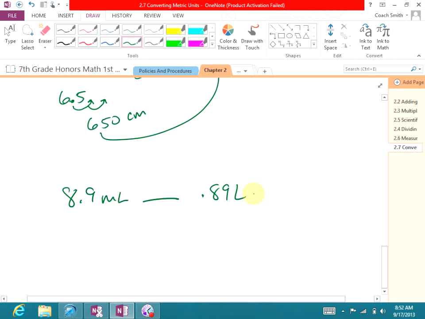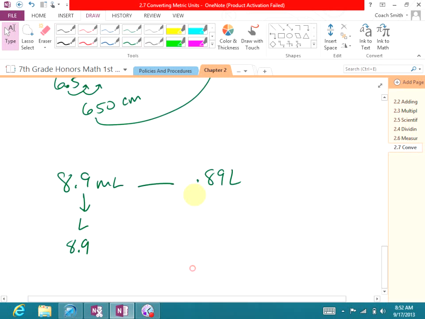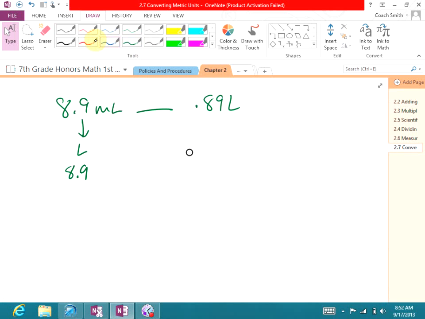Okay? You have to convert one of them. Okay? Doesn't matter which one you convert. You could convert either one of them. Let's convert this to liters. So if we're going to take 8.9 milliliters and convert it to liters, then I have to move the decimal once. Nope, wrong way because I'm going the other way.